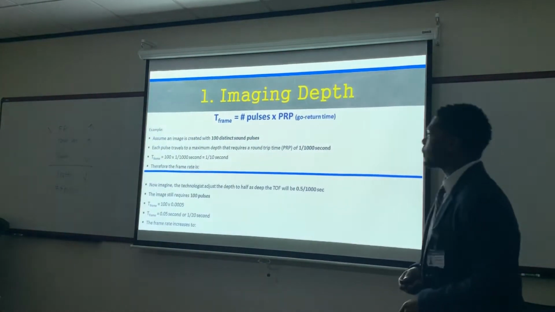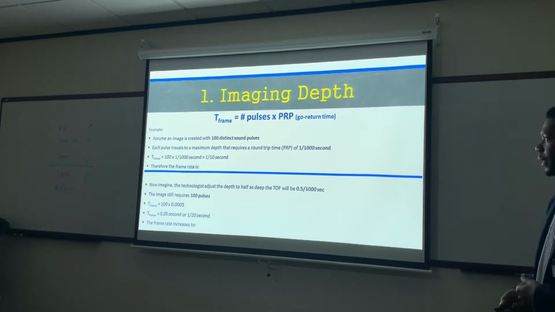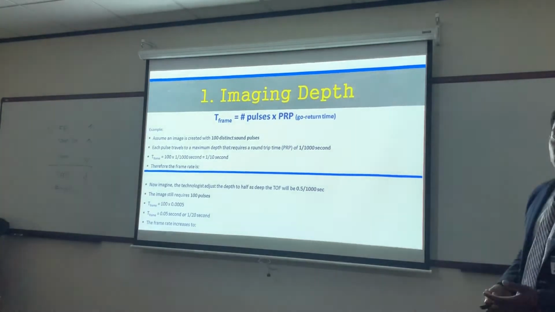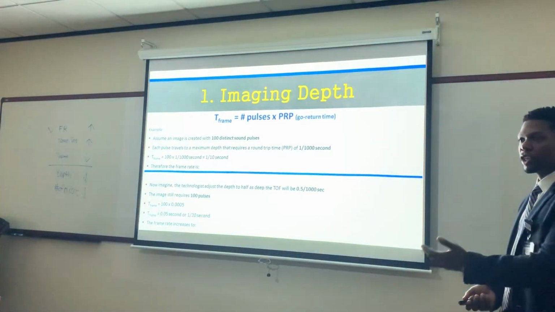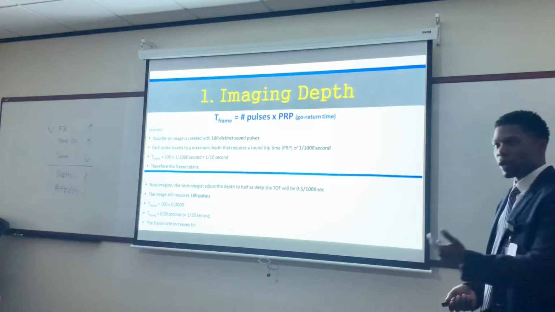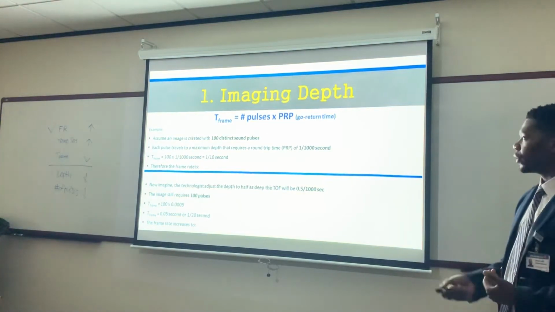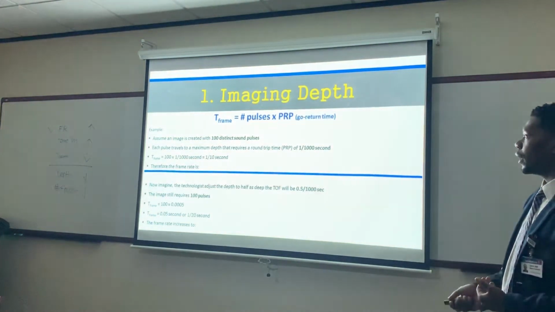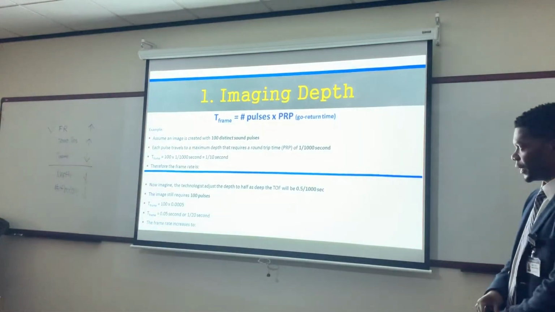Each pulse travels a maximum depth that requires a round trip time of 1/1000. Round trip meaning one go, one return, one talking, one listening, one on, one off. So it requires a round trip time of 1/1000 of a second.